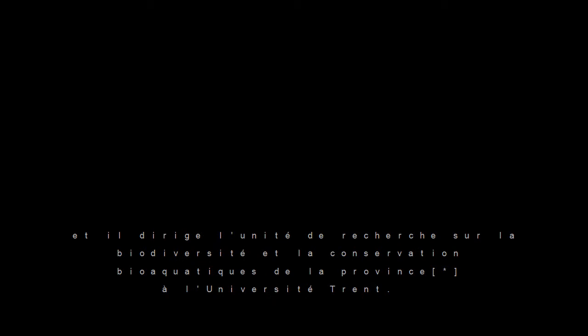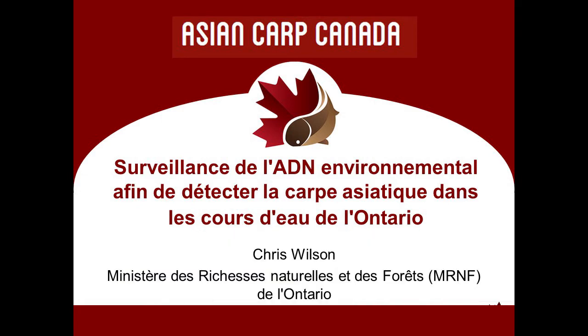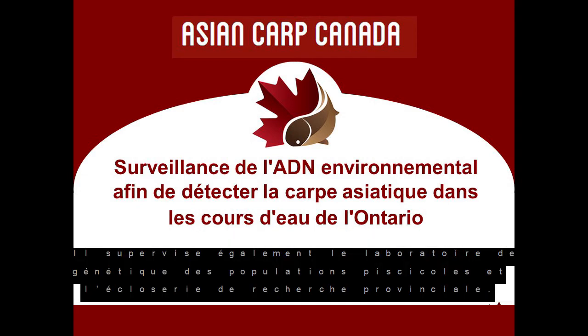Today I'd like to introduce you to Dr. Chris Wilson. Chris is a research scientist with the Ontario Ministry of Natural Resources and Forestry, and he runs the province's Aquatic Biodiversity and Conservation Research Unit at Trent University. He also oversees the ministry's Fisheries Genetics Lab and the Provincial Research Hatchery.